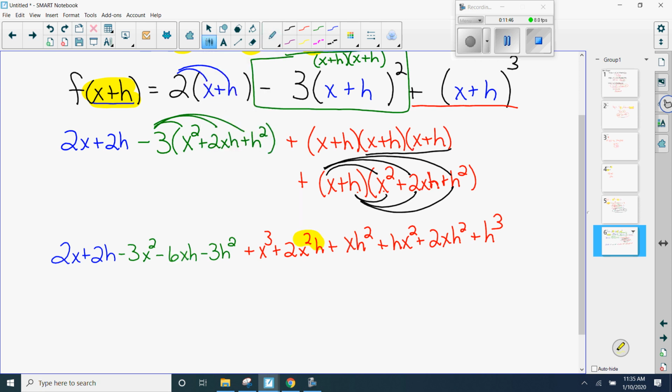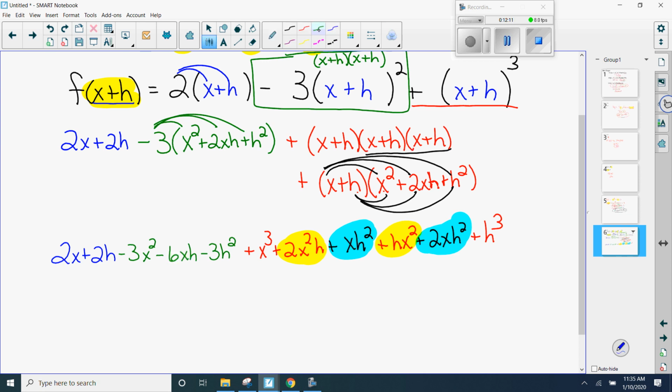What we notice is here's an x squared h, and here's an x squared h. Right there. Then you get the xh squared, and this is xh squared. It's different because the exponents are different, the letters, different variables.